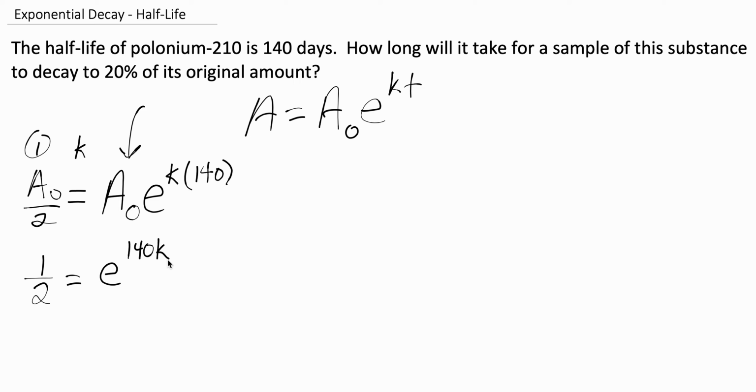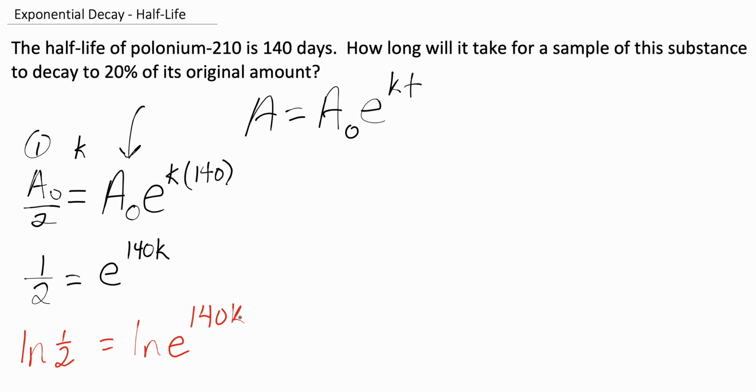We are trying to solve for a variable that is locked into the power of an exponential. Feels like a situation where the natural log might help. So we're going to take the natural log of the left side, and we're going to take the natural log of the right side.